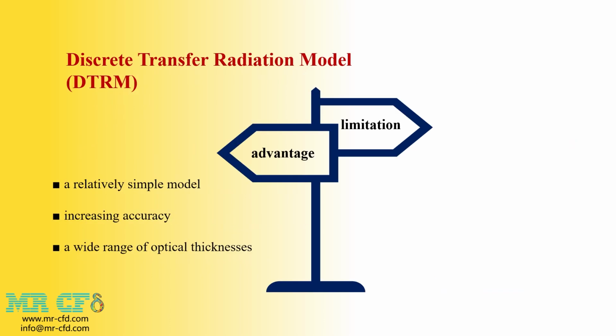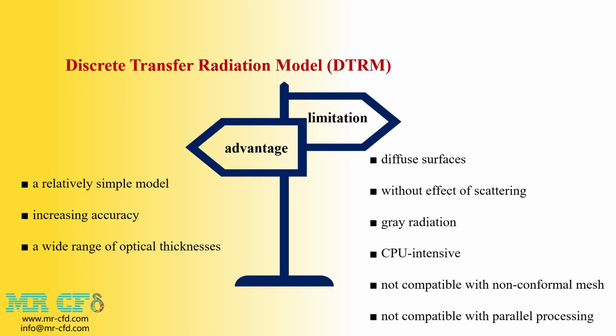First, I start with the discrete transfer radiation model, DTRM method. The first advantage of this method is that it is relatively simple. Second, this method has the ability to increase the accuracy of the solution by increasing the number of rays. Third, this method can be applied in a wide range of optical thickness.